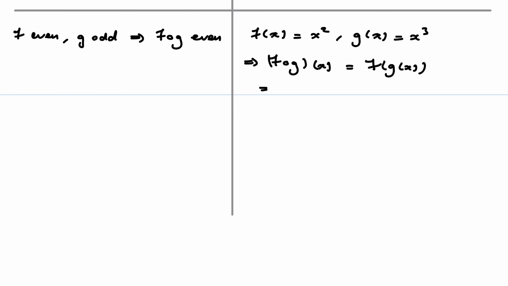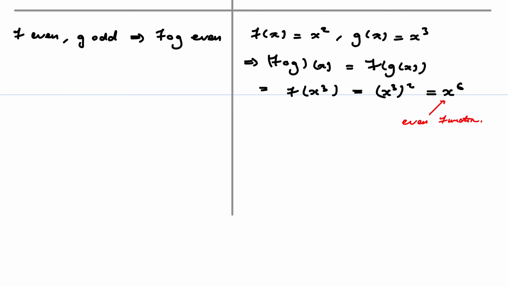That's equal to what? f with x cubed. But now this is x squared, isn't it? So this is x cubed all squared. That's x to the 6. And now that's an even function, because there's only one even power. But remember, to check this carefully, you'd have to feed in minus x and see it was equal to the original. So this is an even function.